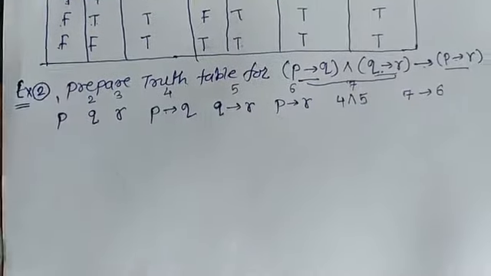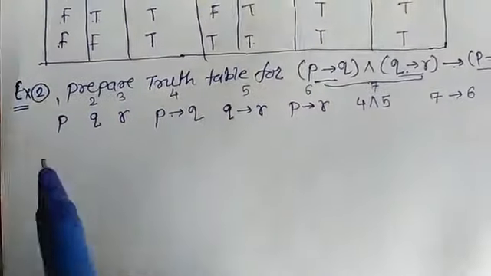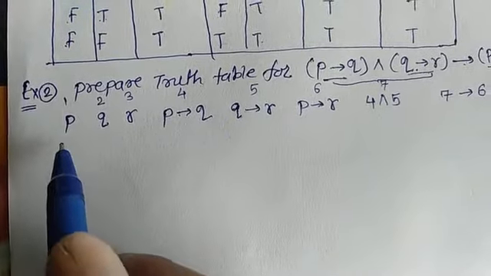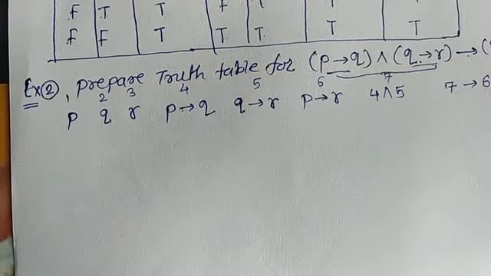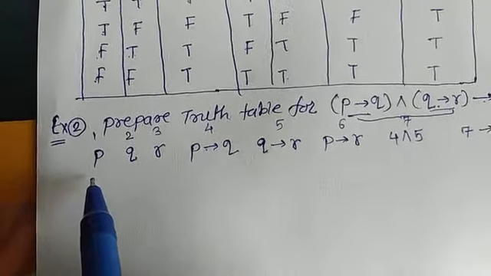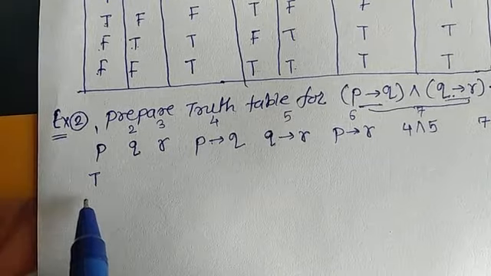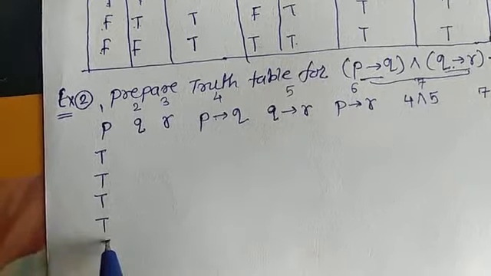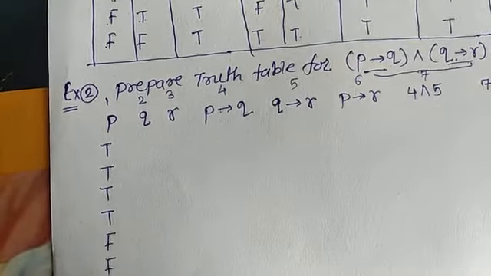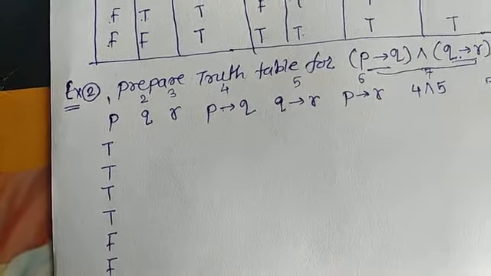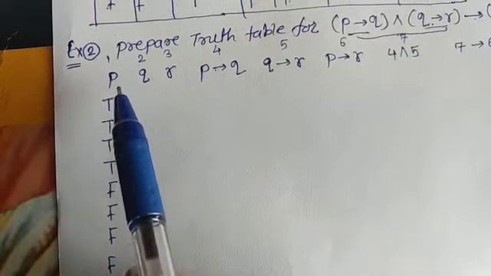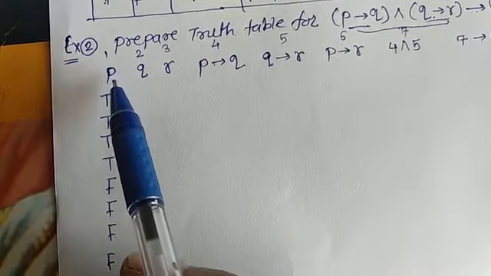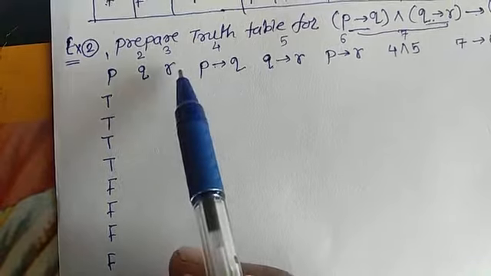Now there are 3 statements, so there are 8 possibilities for P. For P, the first 4 are true and the last 4 are false. This is the standard form to write a truth table when there are 3 statements.